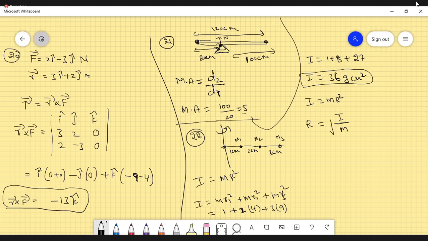So r equals square root of I by m, root of 36 gram centimeter square divided by total mass. Total mass is 3 plus 2 plus 1, that is 6 grams. Root 6 equals 2 point something, 2.4 centimeters.